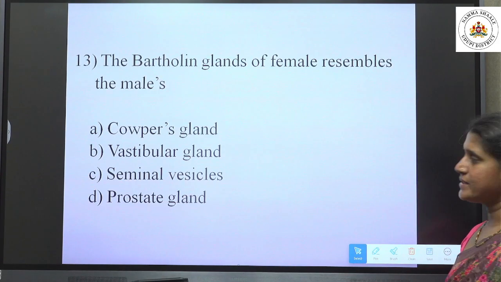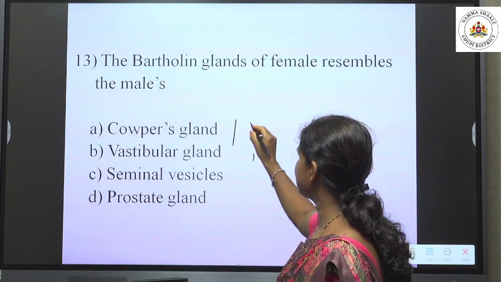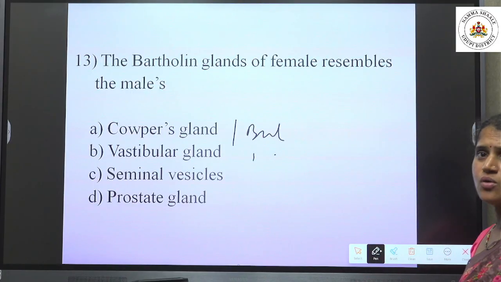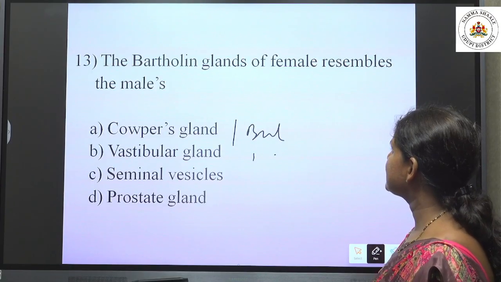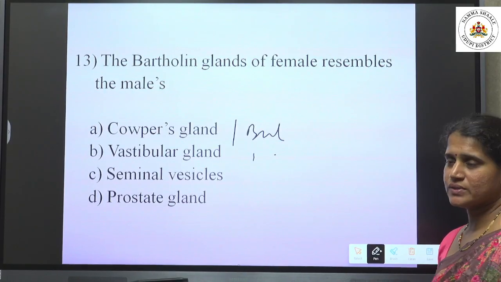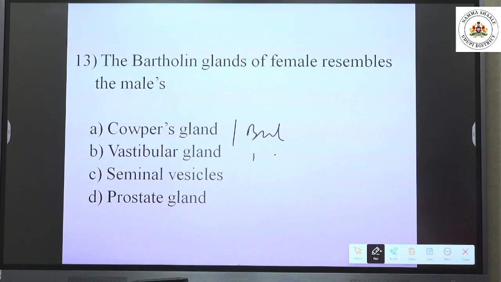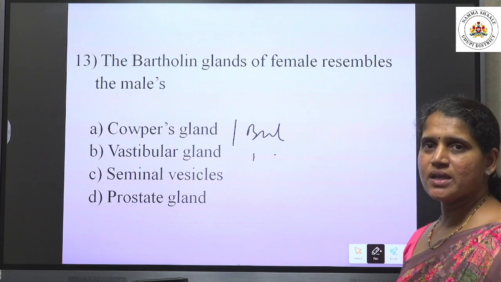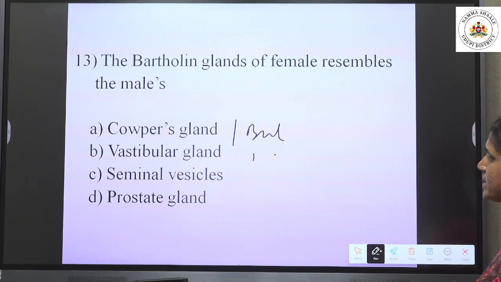So here corpus gland means bulbourethral gland. Bulbourethral gland is also called corpus gland. The Bartholin's glands are mainly placed on either side of the orifice of the vagina, and they secrete mucus which lubricates the vagina.